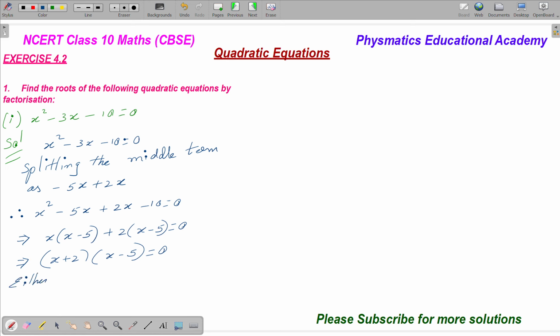Then further simplifying, either x minus 5 is equal to 0 or x plus 2 is equal to 0. That implies x is equal to 5 or x is equal to minus 2.